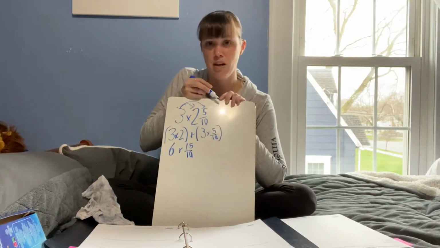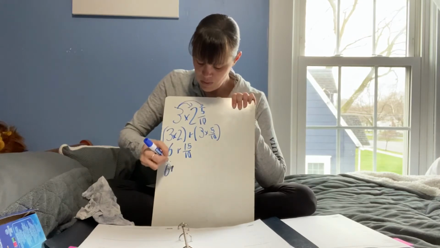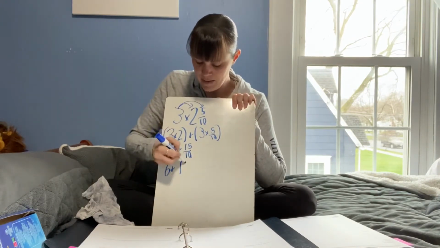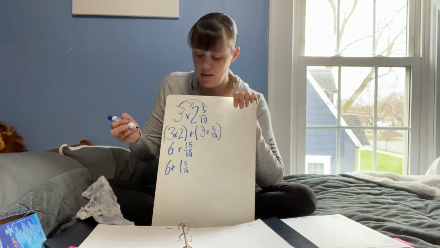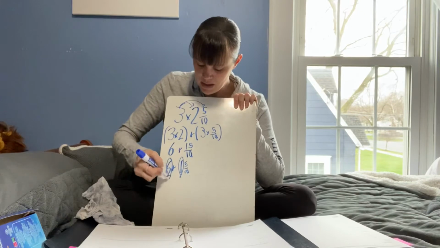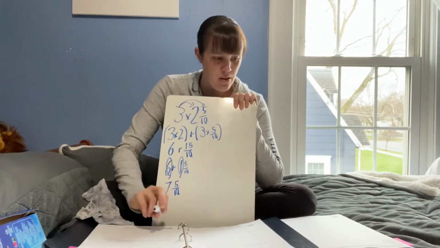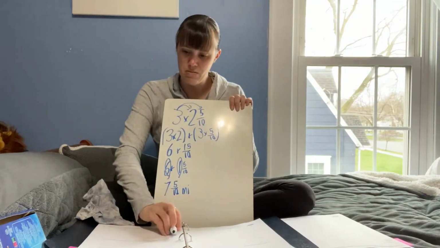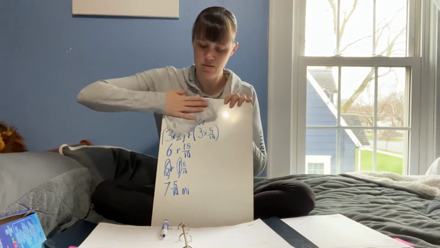You can go off to the side and divide it, but I know that 10 goes into 15 once, and I have 5 left over. So I just was able to do that in my head. Let's add those, 7 and 5 tenths. Okay, and this would be miles, and you would write your answer statement. Cecilia ran 7 and 5 tenths miles around the park.